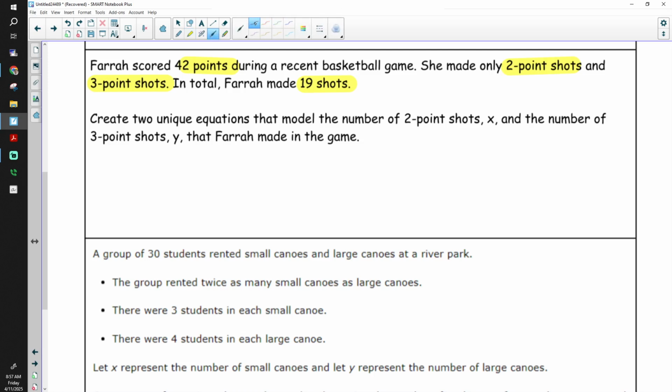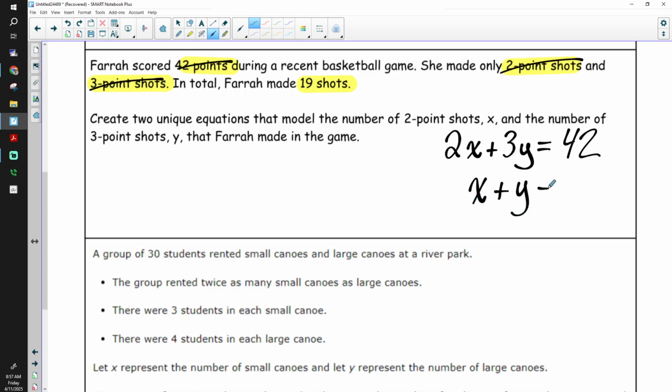If we take all of our 2-point shots, 2 times x plus 3 times y equals 42: 2 points for the 2-point shots plus 3 points for the 3-point shots would equal a total of 42 points. Then we have 19 shots, the one that doesn't belong, so we write x plus y equals 19.